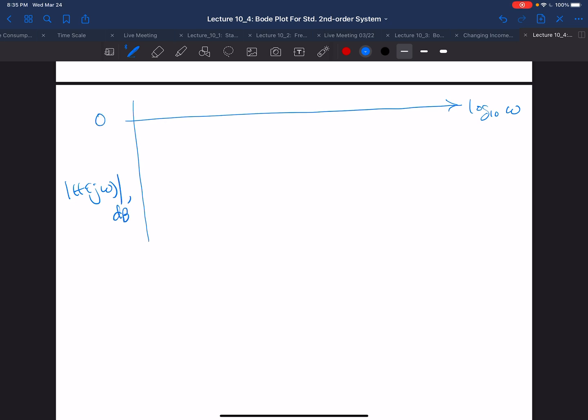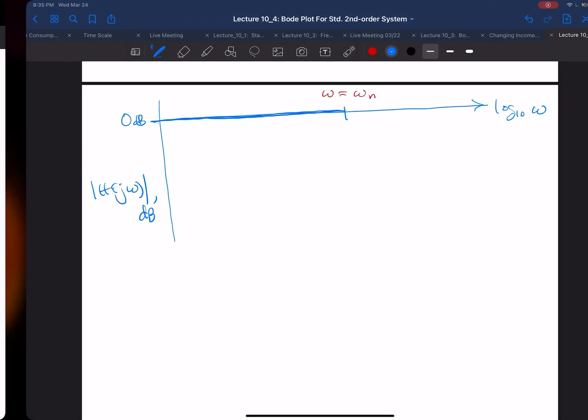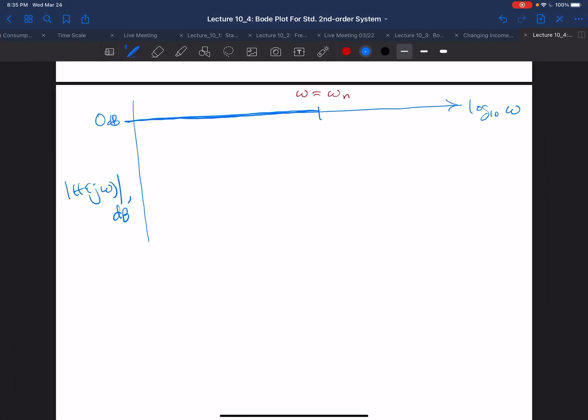If this is 0 decibels, then our low frequency asymptote is simply a horizontal line at 0 decibels. And at the point at which omega equals omega n, it intersects with the high frequency asymptote, which is a straight line with a slope of minus 40 decibels per decade.